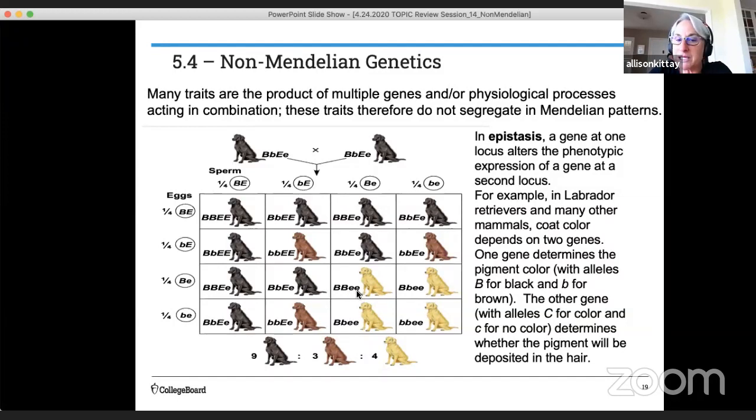Even though we would expect it to be brown because we've got the homozygous dominant and heterozygous genes for color, because we get this homozygous recessive in the amount of color, we say that it is epistatic to that brown pigment, and so we don't see that being expressed. So it actually stands upon the color, and instead of getting a chocolate lab, we are going to get a yellow lab. I hope that made sense.